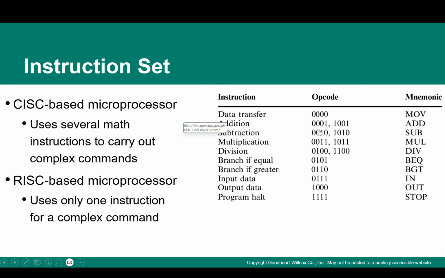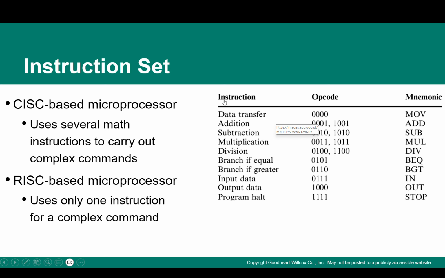An opcode is the code which your MPU can understand, and it is a language of zeros and ones. In assembly language we call the words we write mnemonics, and then they get converted into an opcode.